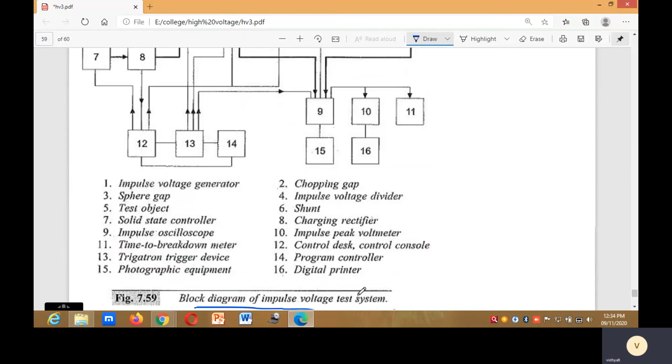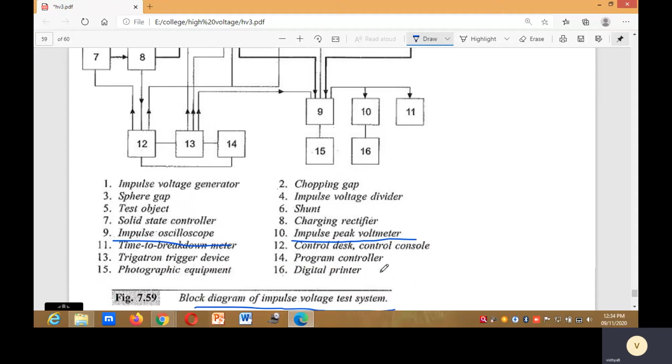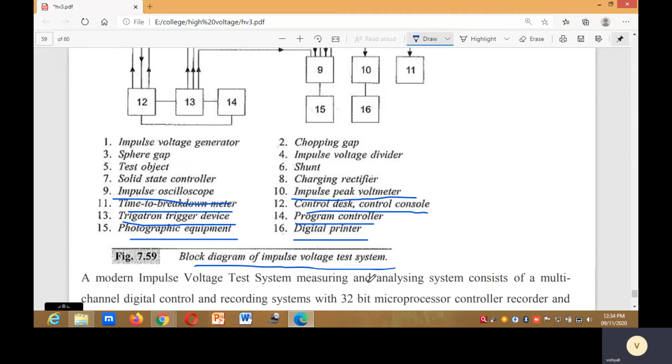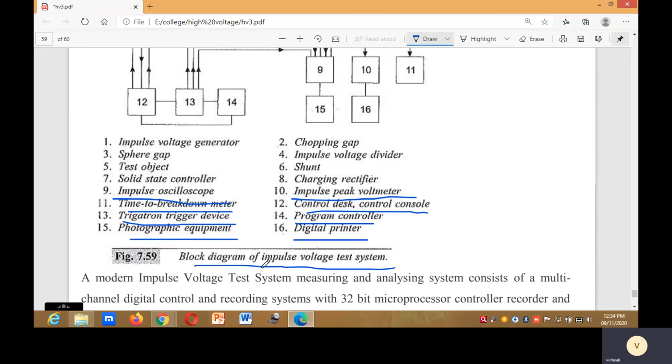Eighth is a charging rectifier, ninth is an impulse oscilloscope, and tenth is an impulse peak voltmeter. Eleventh is a time to breakdown meter, then the control desk, control console, trigger device, program controller, photographic equipment, and digital printer. These are the connections you observe in the test system, from start to end.